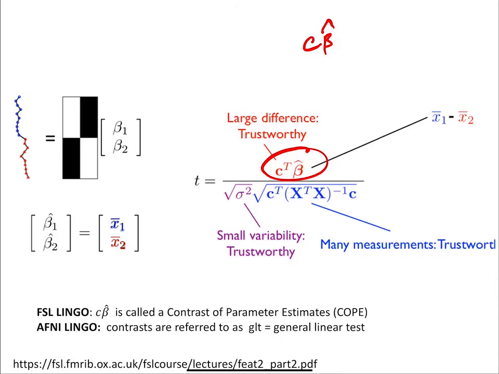In any case, the FSL groups call that a contrast of parameter estimates, so when you hear the term COPE, that's what we're talking about. In AFNI lingo, it's referred to as a GLT, or general linear test. So when you're asked to specify your GLT in, say, 3dDeconvolve, which is a program we'll look at for the next practical, that's what we're looking at, these contrasts.